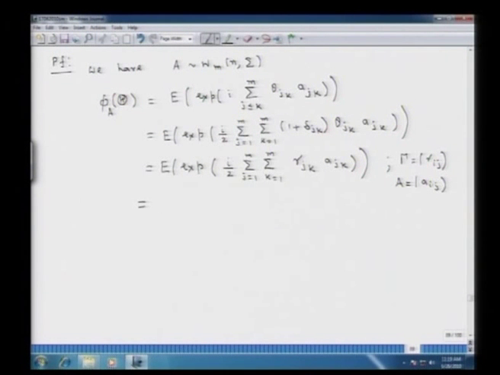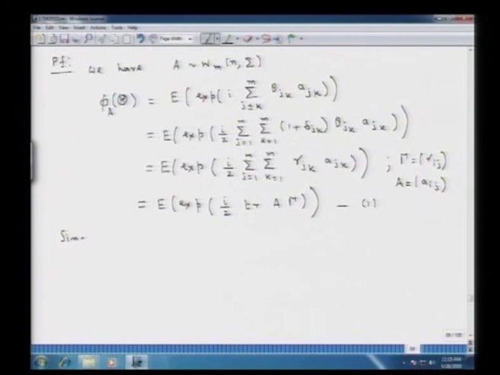So, this double summation is nothing but the trace of the product matrix gamma with A. So, we can write this as e to the power i by 2 trace of A times gamma matrix. You can write it as A gamma, or as gamma A, because we have a trace here, so it does not matter. Let me write this as equation number 1 in this proof.